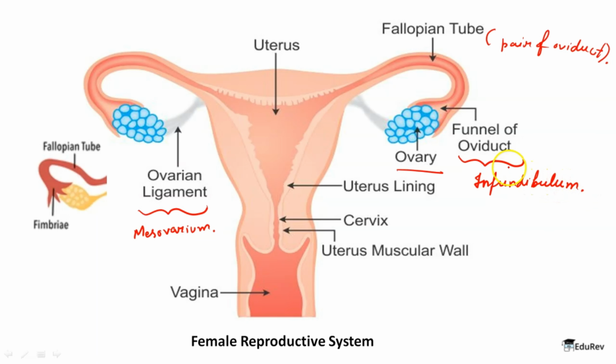And after that, a finger-like structure present known as fimbriae. So here a finger-like structure is present. You can see it clearly in this diagram. These finger-like structures are known as fimbriae. So when we look close to the structure of fimbriae, it is like this.